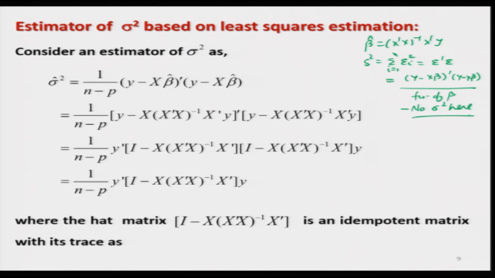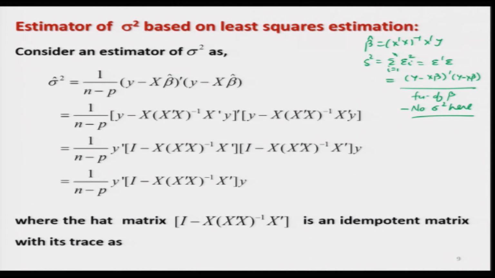So if you want to differentiate S square to obtain the estimator of sigma square, this is simply not possible, because this function does not involve sigma square. That is why we have to opt for another approach, where we start with a possible estimator of sigma square, take its expectation, and convert it into an unbiased estimator.